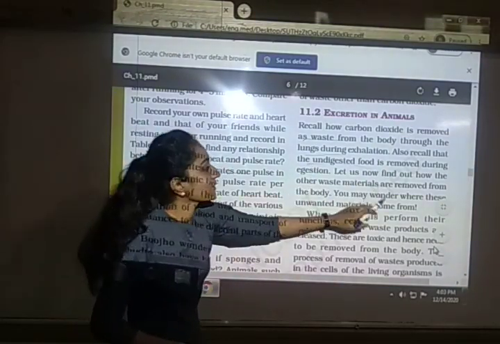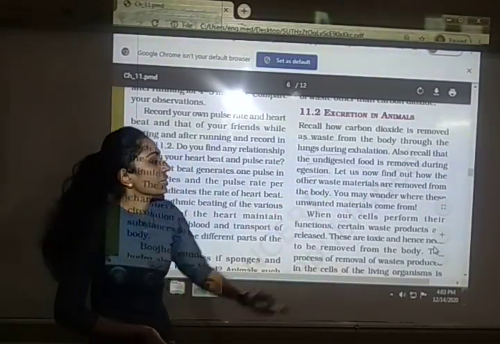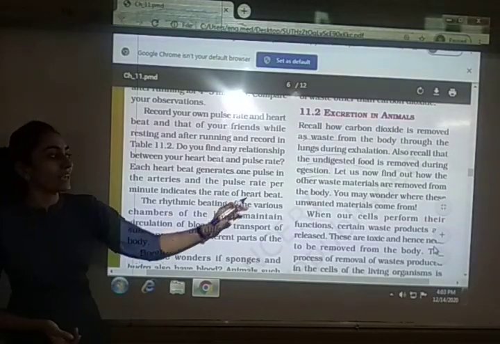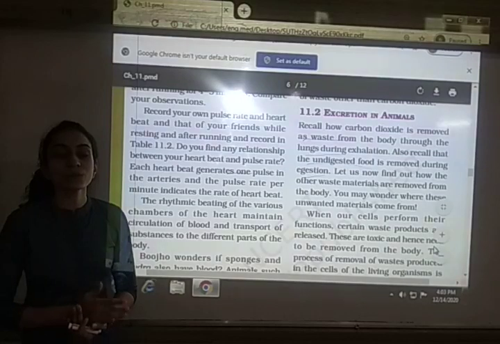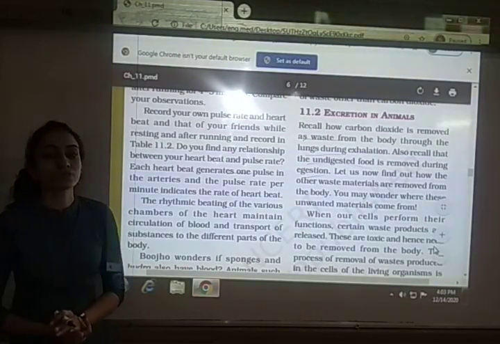Also recall that undigested food is removed during digestion. That is also one method to remove waste from our body.